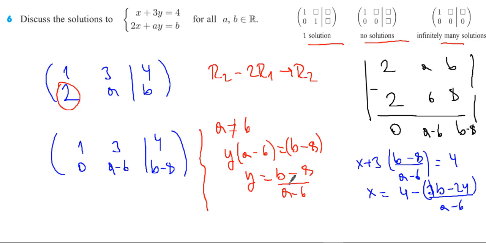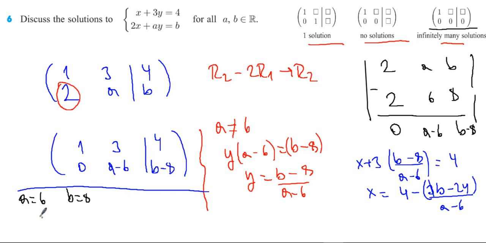What's the second case? If both of them equal 0, if a equals 6 and b equals 8, what will happen? Then I will have this case, right? When a equals 6 and b equals 8, I will have infinitely many solutions.